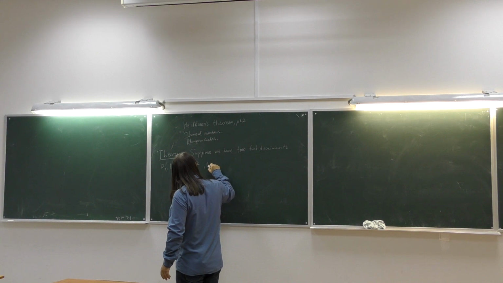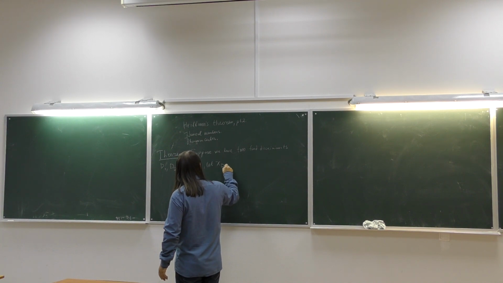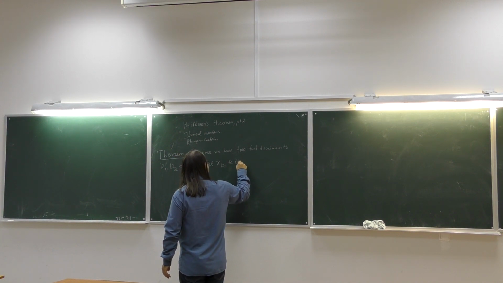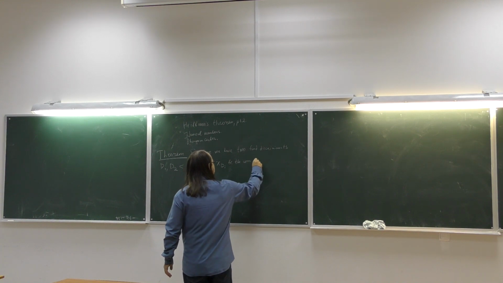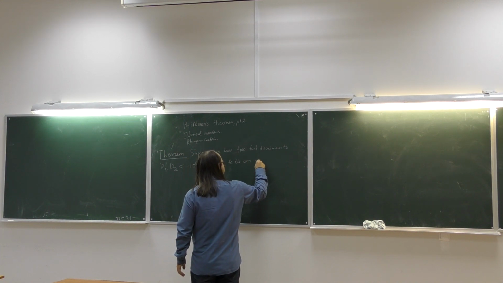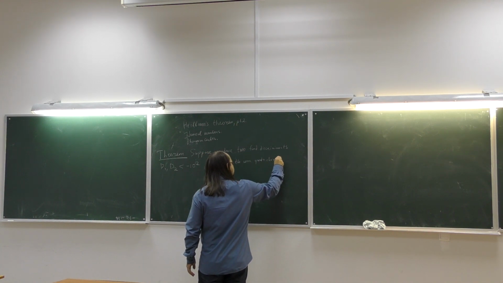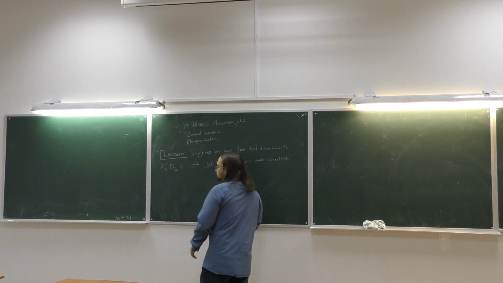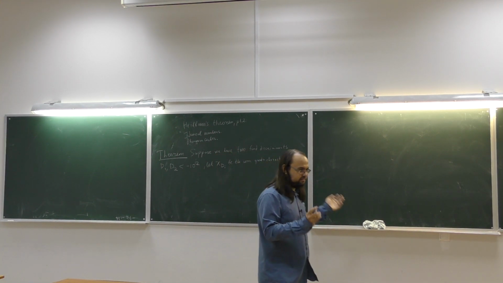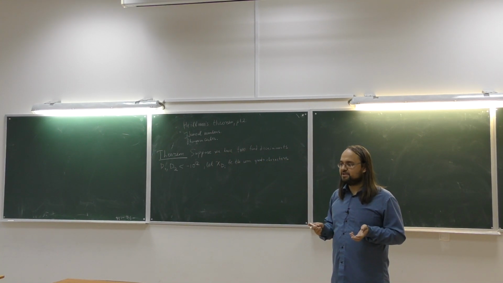Let chi d_i be the corresponding quadratic characters, the characters that come from the decomposition of the Dedekind zeta function of our field.